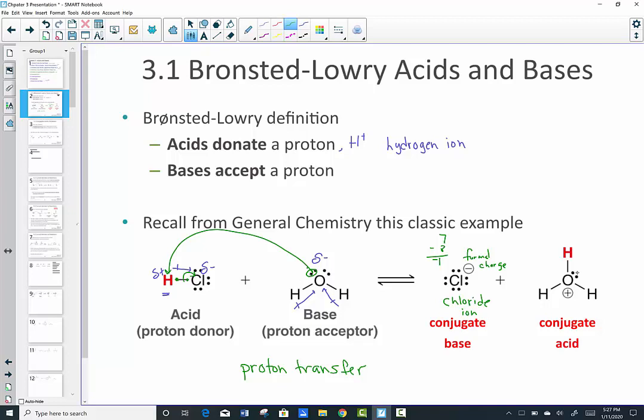So here we have one shared pair. The oxygen itself, remember, lives in group 6. It has 1, 2, 3, 4, 5 assigned electrons, and that's why we see the +1 on the hydronium ion. That's the acid ion in acid-base chemistry. And that +1 charge represents the formal charge on the oxygen.